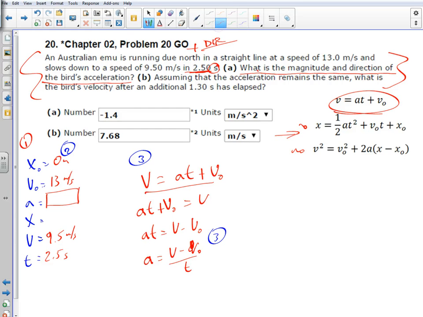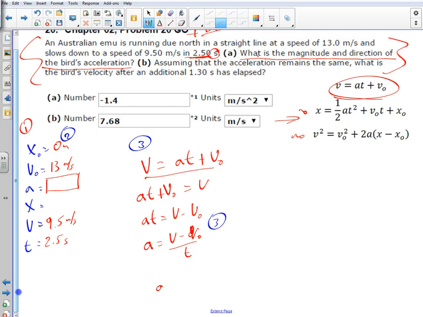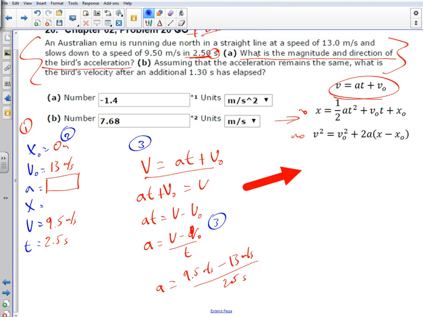Now, plug in for step 4. I got the acceleration is going to be V, which is 9.5 meters per second, minus the original, which is 13 meters per second, over 2.5 seconds. Now, if you're a sharp cookie, you've already noticed, wait a second, this is going to come out negative.